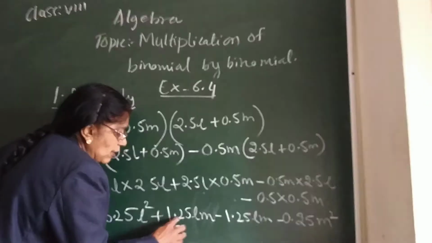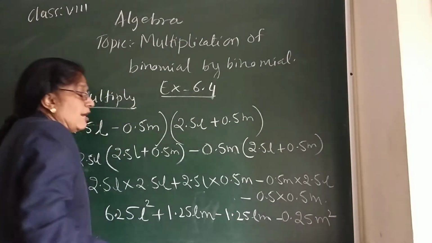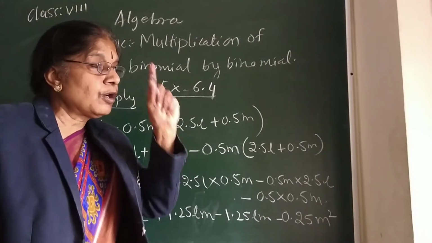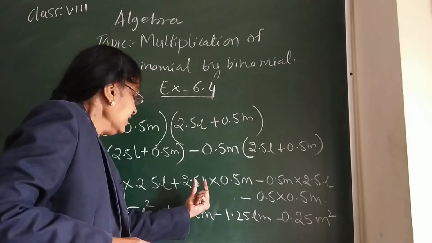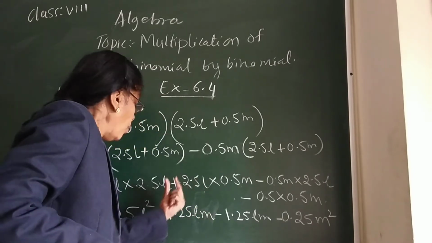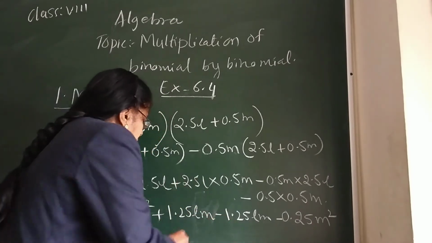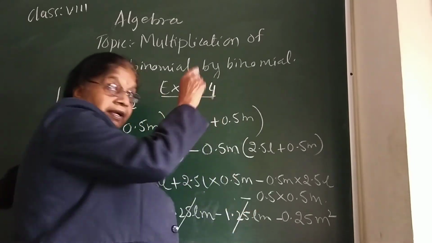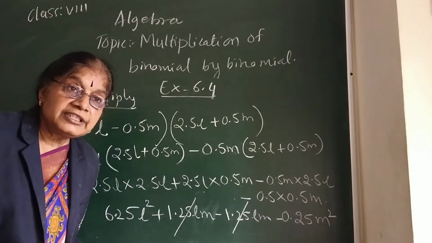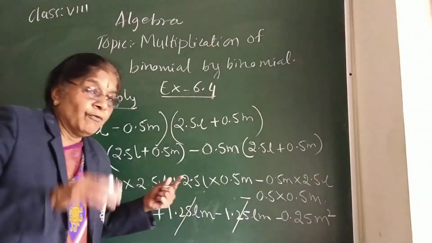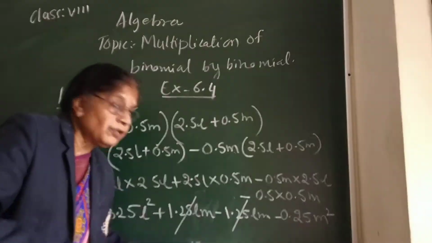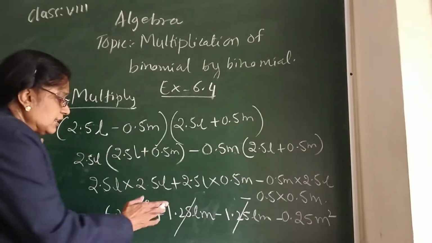Here you see plus 1.25 LM minus 1.25 LM. In algebra, one rule is here. Same constant, same variables, one is positive, one is negative, it will get cancelled. That is the rule. So this will get cancelled.